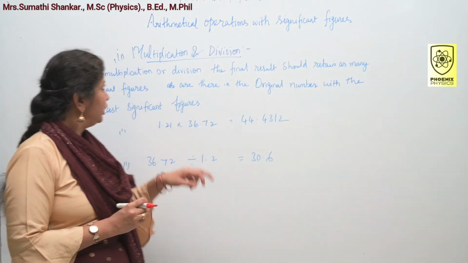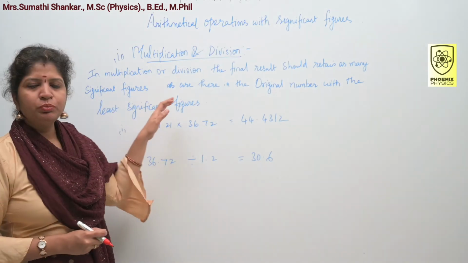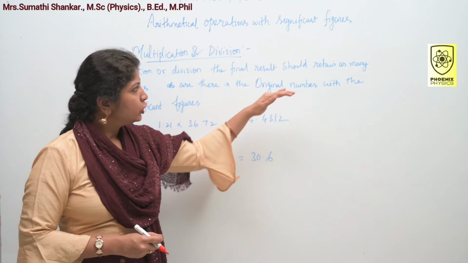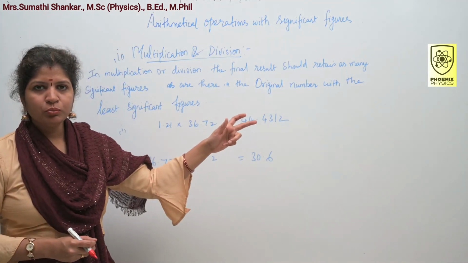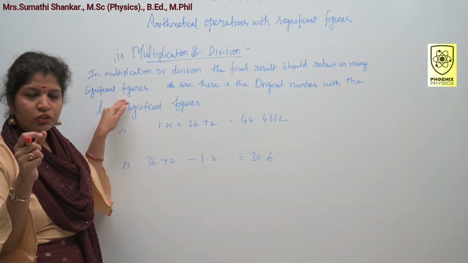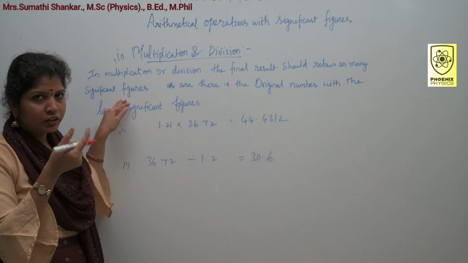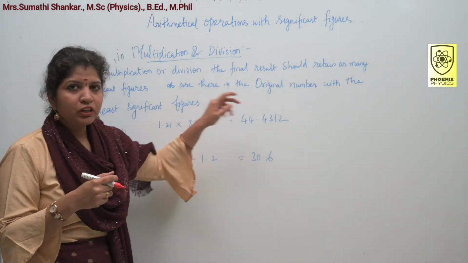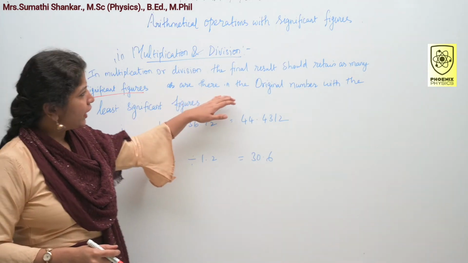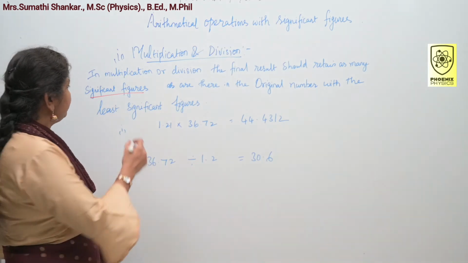Next one is multiplication and division. In multiplication or division, the final result should retain as many significant figures as are there in the original number with the least significant figures.